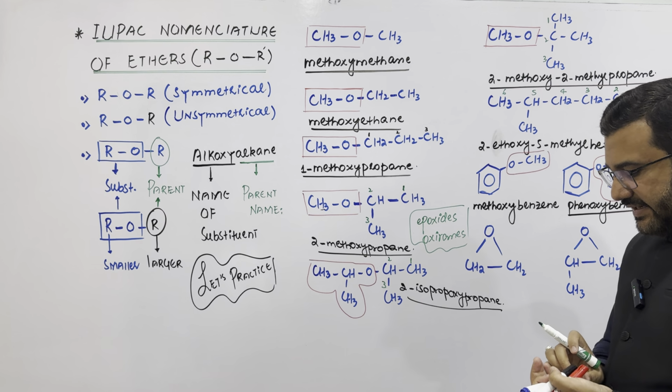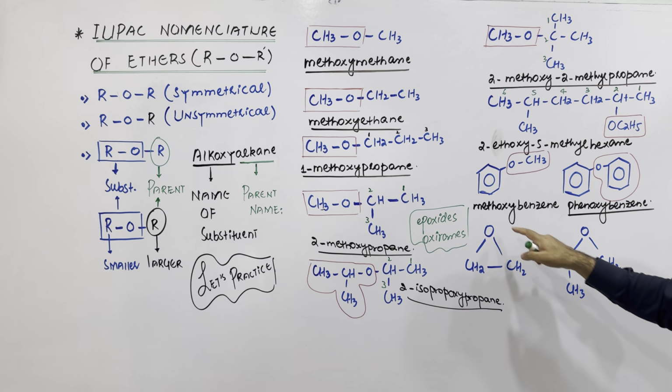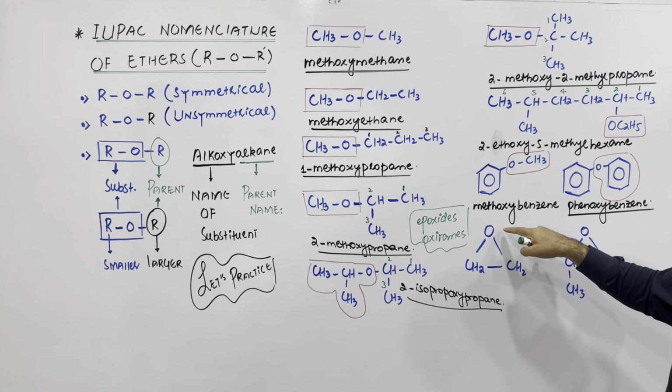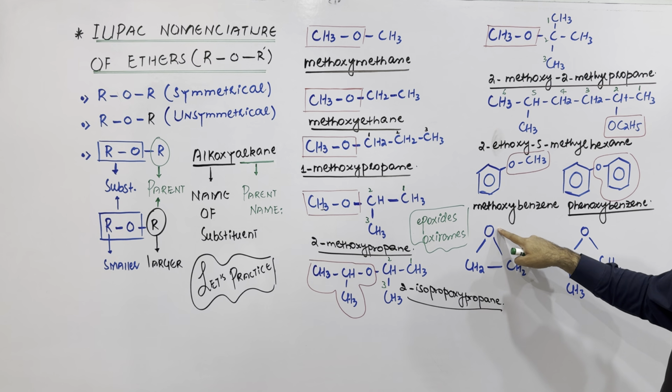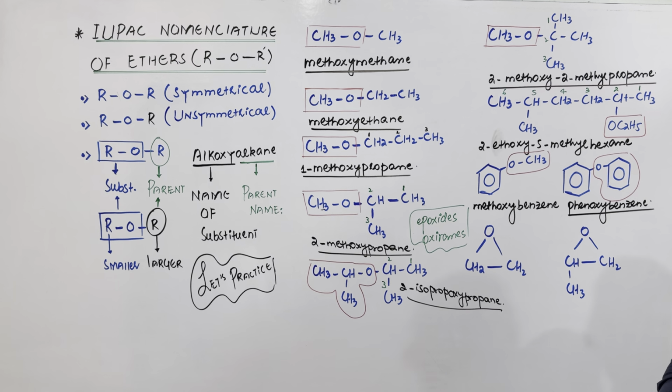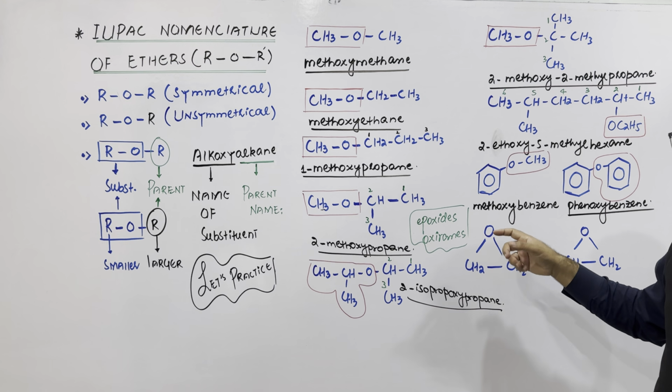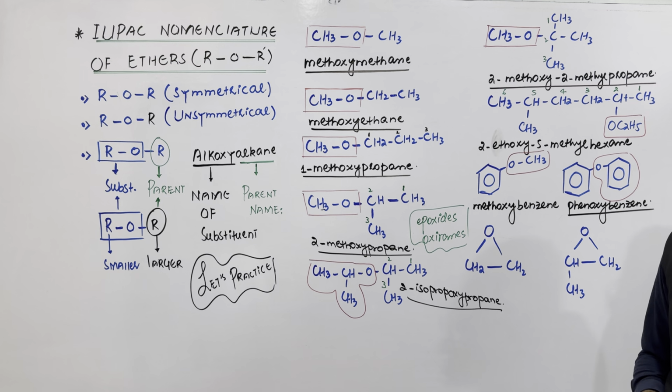And all cyclic ethers, they have three cornered ring. One of the corners will be occupied by the oxygen atom, and the other two corners, they will be occupied by the carbon atoms. So there will be three membered ring in all of the cyclic ethers. And all cyclic ethers can easily be prepared by the oxidation of the alkenes.